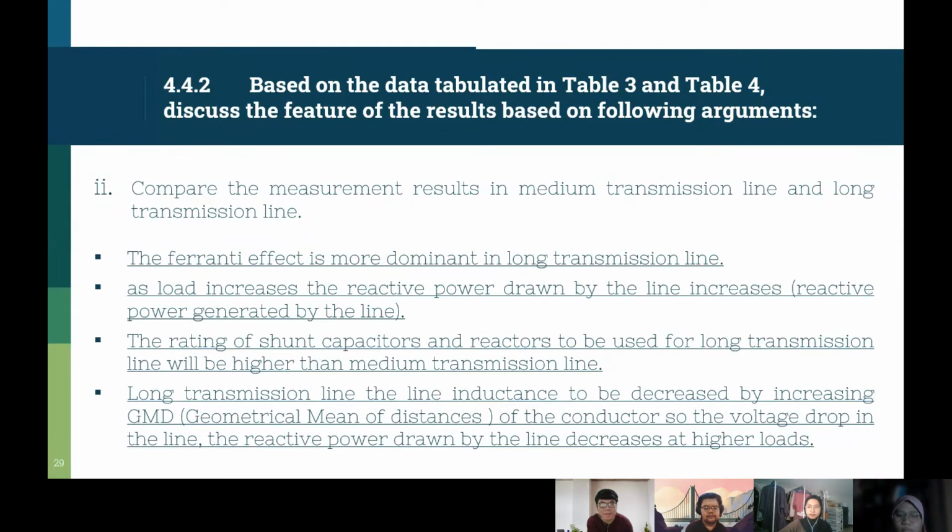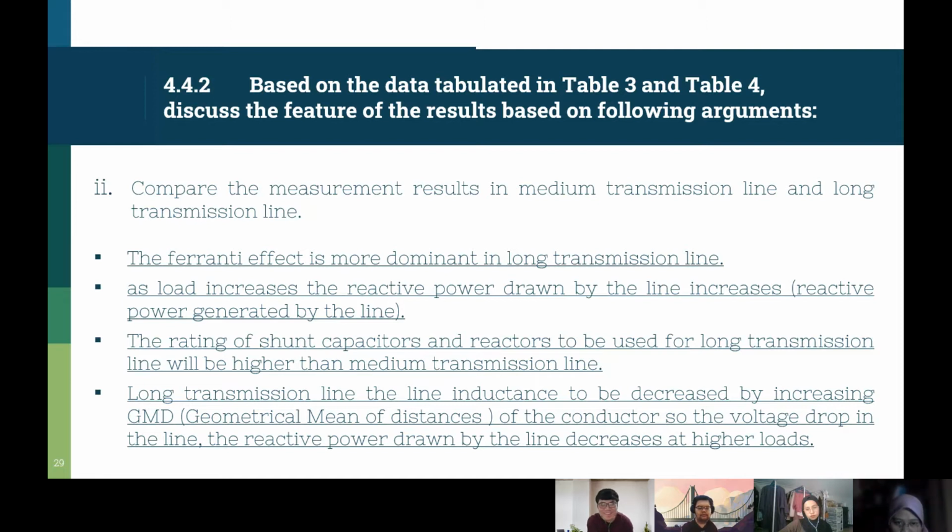The data in tables 3 and 4 also compare the measurement results in medium and long transmission lines, which can be affected by the dominant Ferranti effect in the long transmission line.